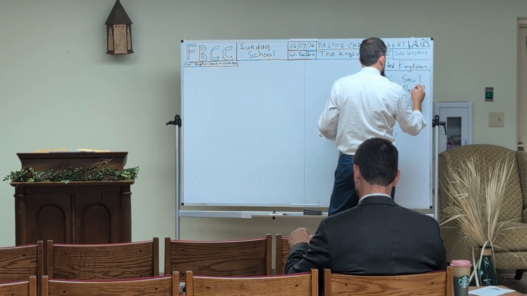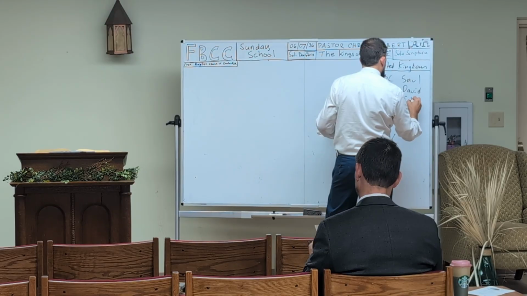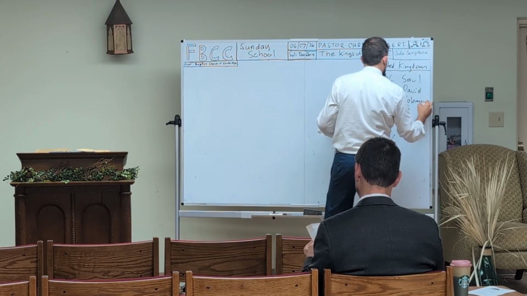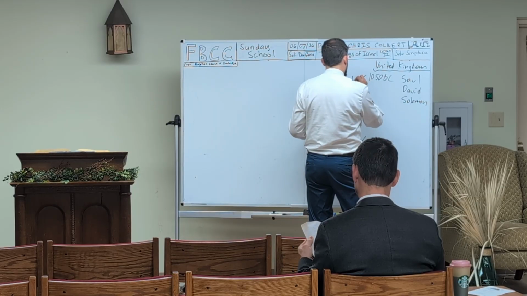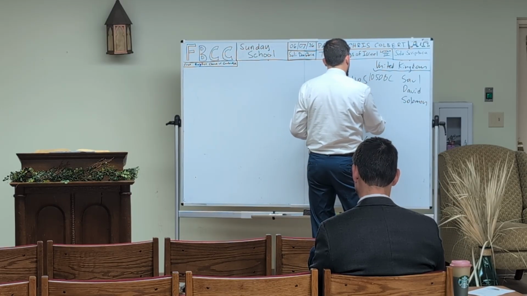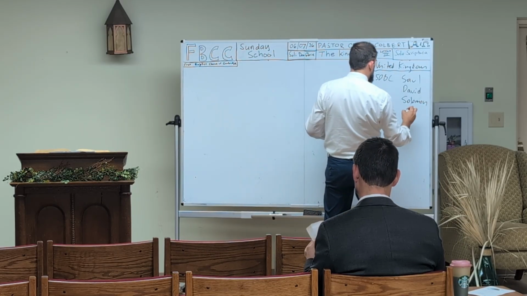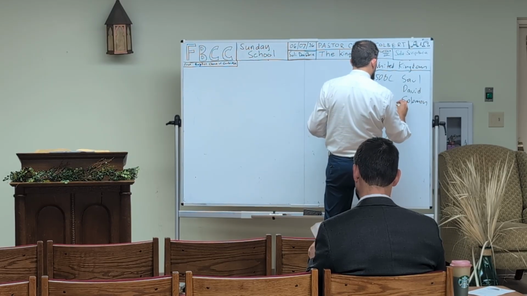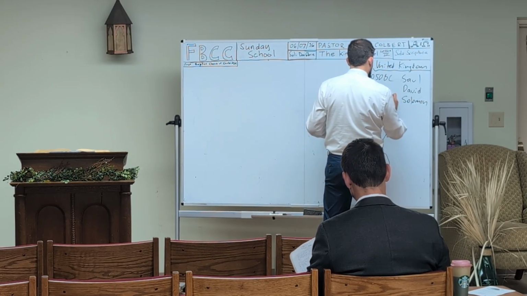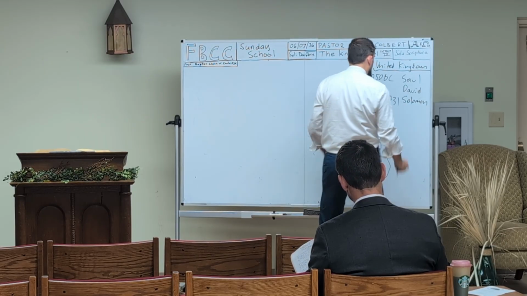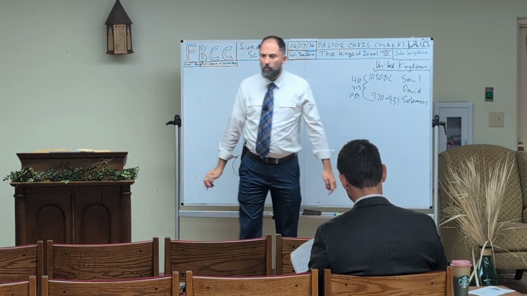David, his son Solomon. How many years each? Yep. So we'll say 40 years each. So this is, say, 970. Actually, 931. So around 931, what happens?